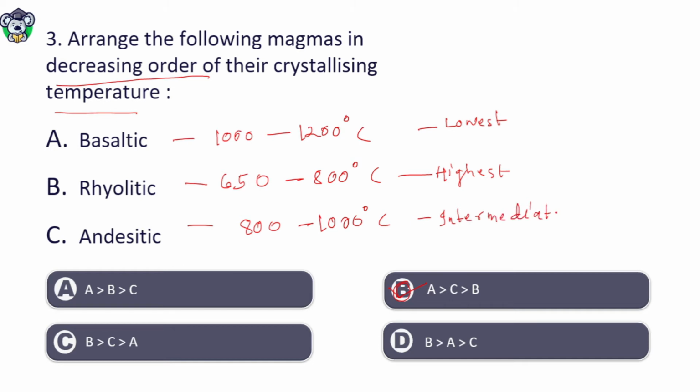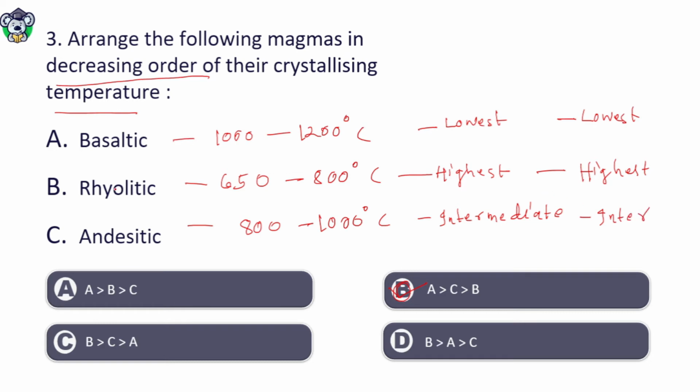If the question comes which magma contains highest gas content or volatile matter, then rhyolitic will contain highest, basaltic will contain lowest, and this is intermediate.